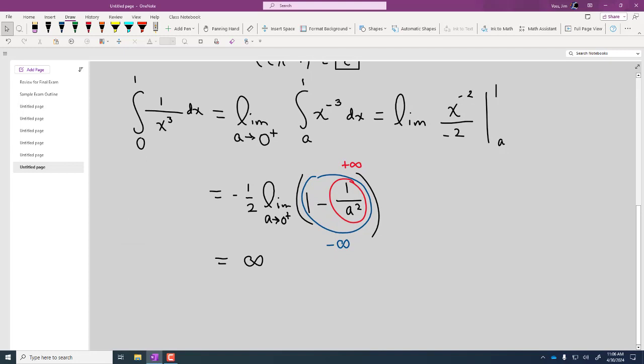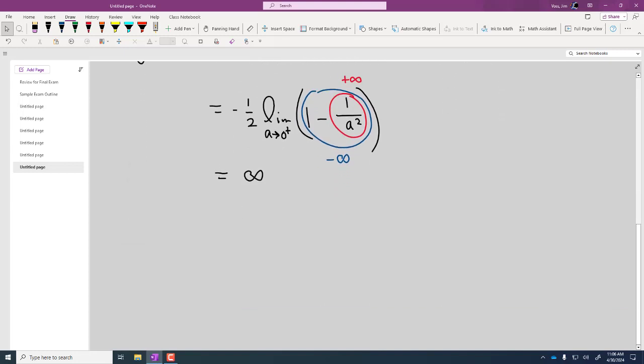Now, if we do an improper integral, let's suppose we do something like 1 over x to the 1/3, from 0 to 1.